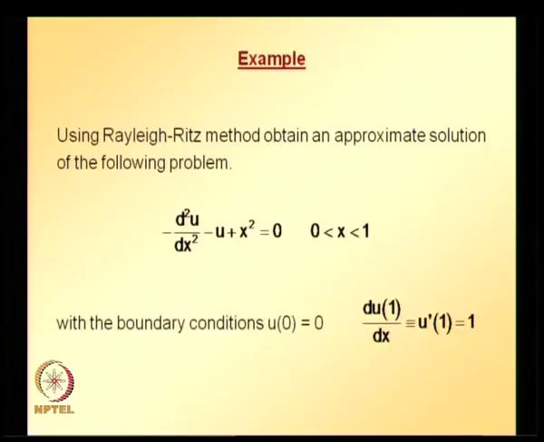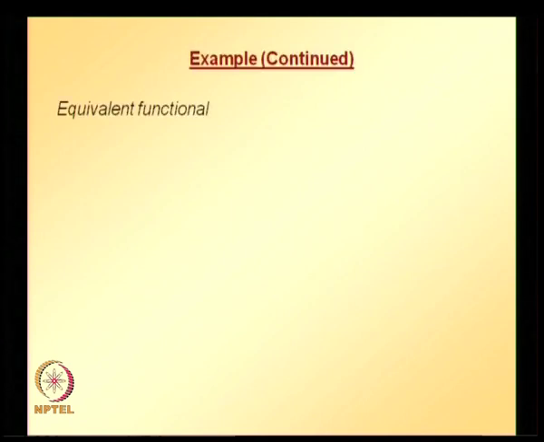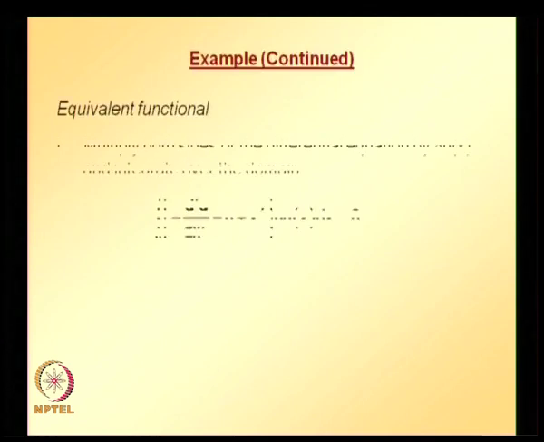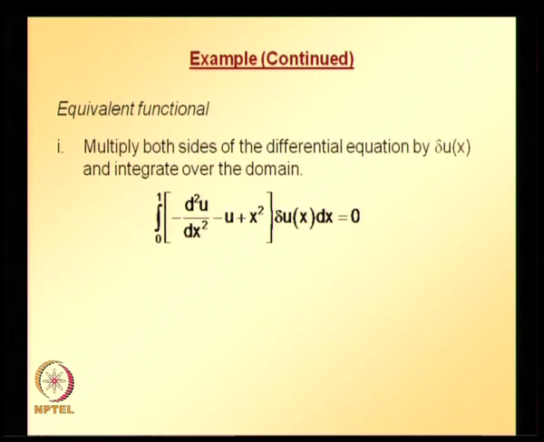Okay, so let us start with solving this problem using the variational method or Rayleigh-Ritz method to obtain the equivalent functional. So the first step is, the given differential equation we need to multiply with the variation of the quantity that we are looking for and integrate over the problem domain.